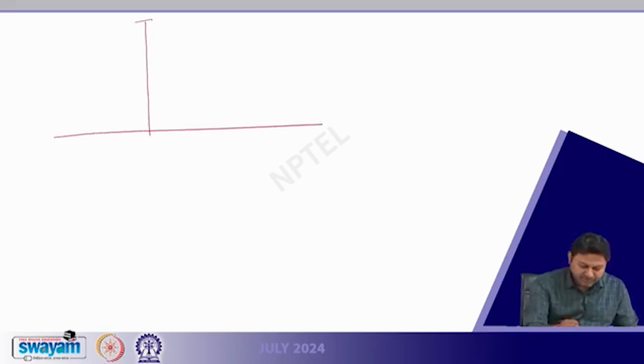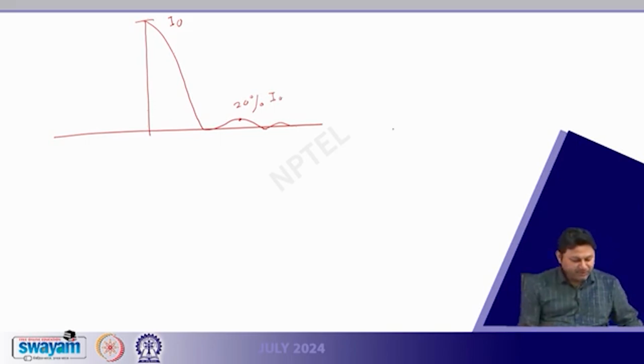So, if the central maximum is 100, then this value is merely 20, and then you will find it will be much less, and so on. So, if this is I 0, this value is roughly 20% of the maxima I 0, and the rest of the values are even smaller.